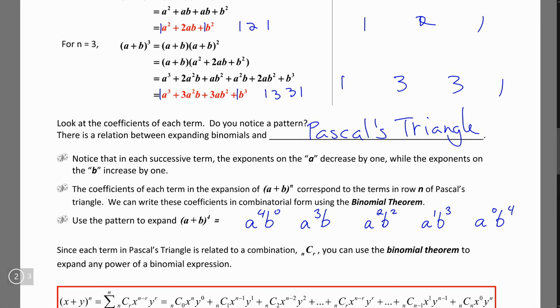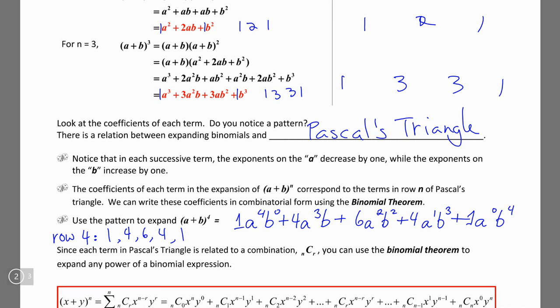And then in row 4 of Pascal's triangle, what are the coefficients? In row 4 we have 1, 4, 6, 4, and 1, and those are going to be my coefficients. I just put plus signs in between each term, and there you go. That's the expanded form.